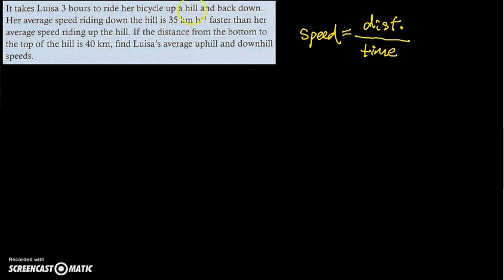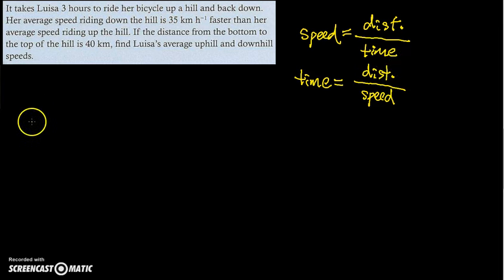They already told us we have 3 hours, and this 3 hours is time. So it would be helpful to express time as equal to distance over speed. I'm going to keep those two notes on the side, and we'll refer back to them later on.